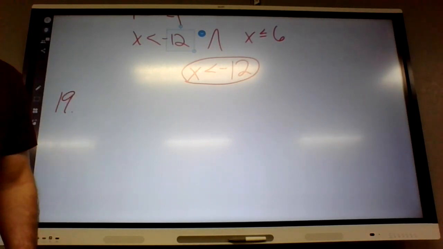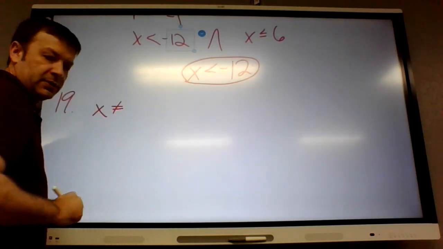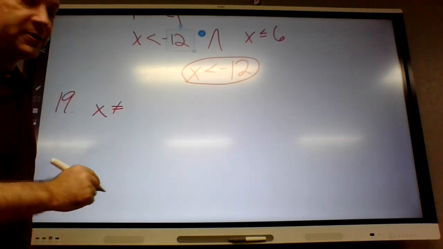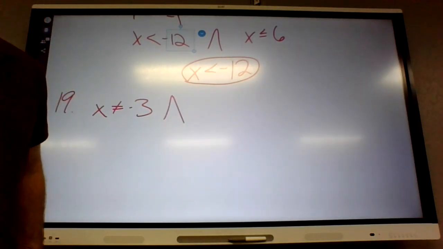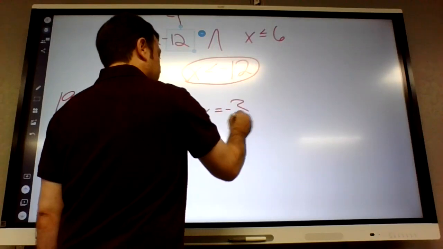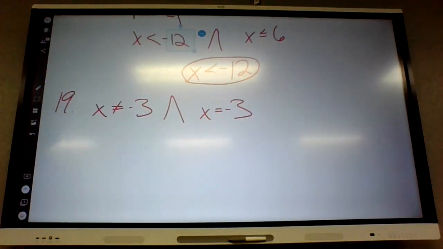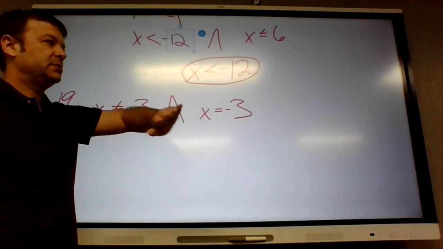19, this one's really weird. There's nothing to solve on this one, we just got to simplify it. X is not equal to -3 and x equals -3. So, what do those two have in common? What numbers are not equal to -3 and equal to -3?